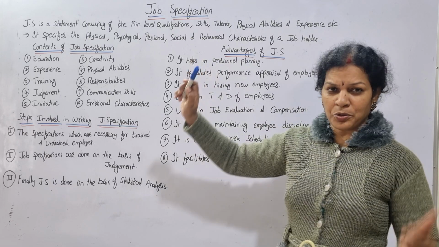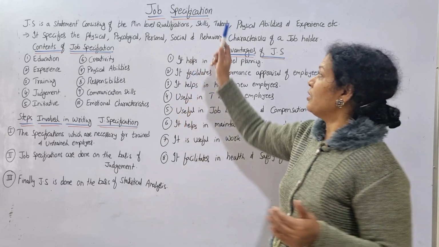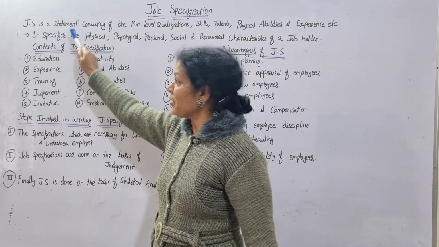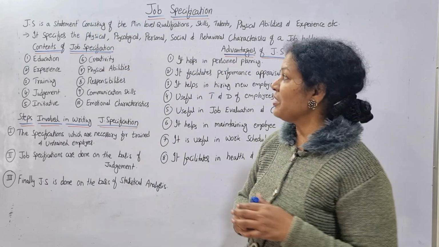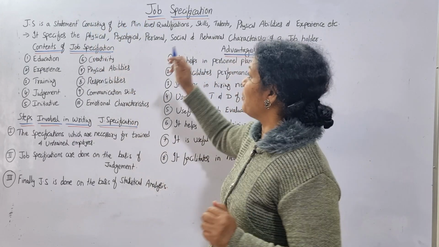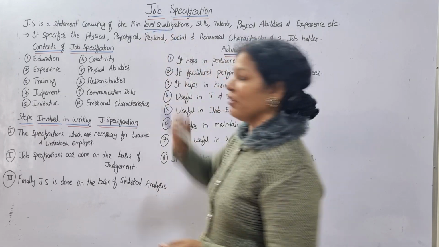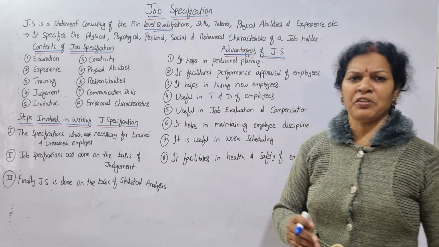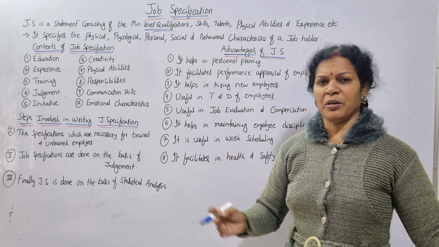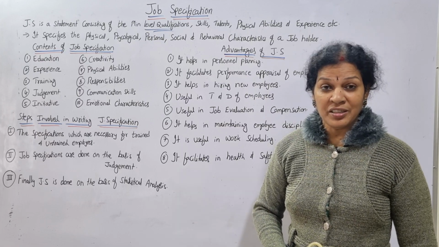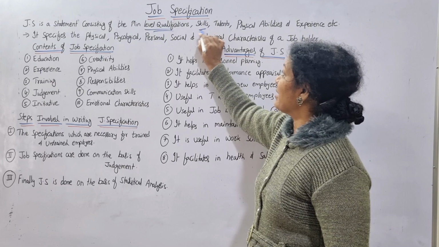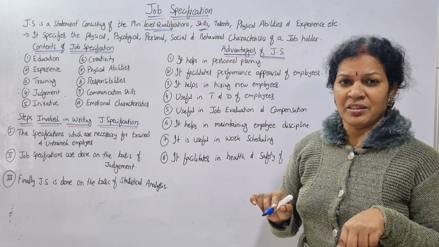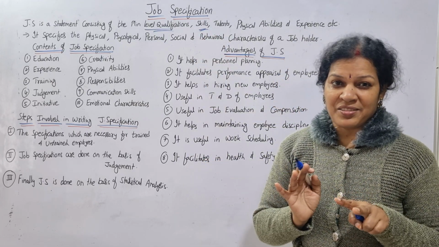Now just understand through two lines what is job specification. Job specification is a statement consisting of the minimum level qualifications. What is the minimum level qualification you are expecting? BCom or MCom, MBA or CA. Minimum level qualification and skills. Along with that qualification, some skills we are expecting.